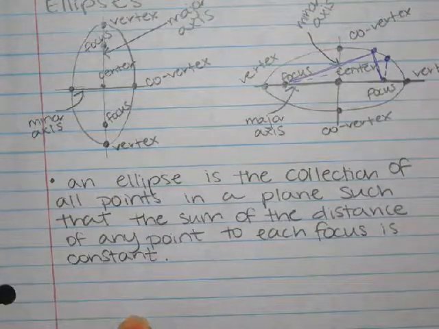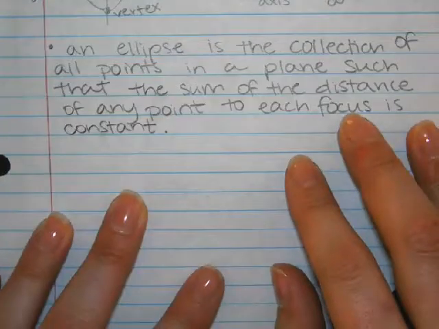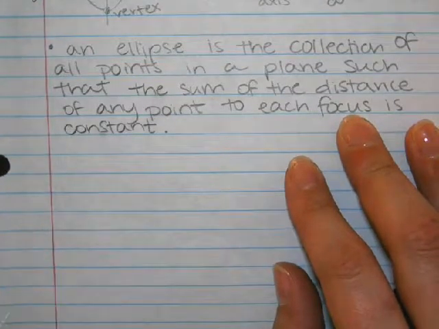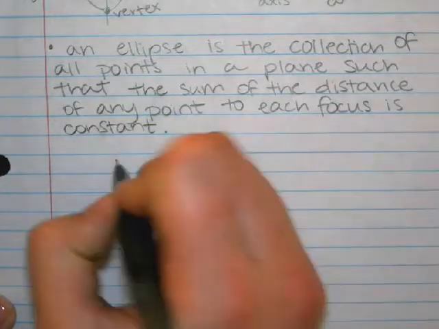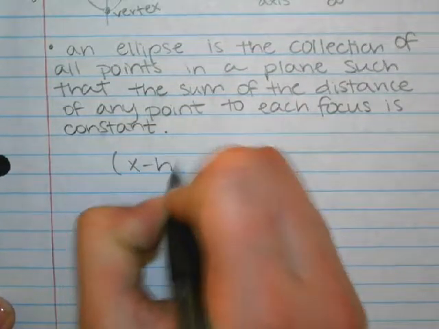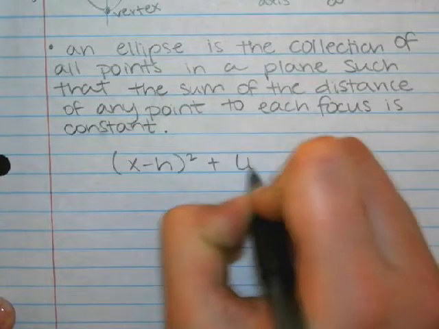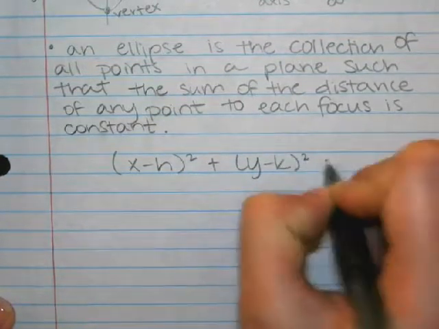Yeah. All right. So on your notes, we're going to write down the equation of a circle and compare it to an ellipse so you can see the similarities between the two. The equation of a circle says x minus h squared plus y minus k squared equals r squared.